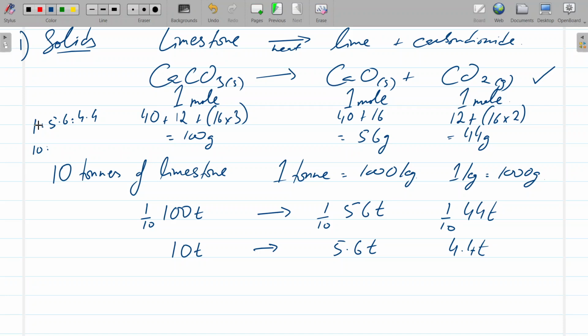So it would be 10 is to 5.6 to 4.4, or 1 is to 0.56 is to 0.44. So if that works for you. Otherwise, we just take it up to a higher value to make it simpler to use, and then we can bring it back down to what we actually require.